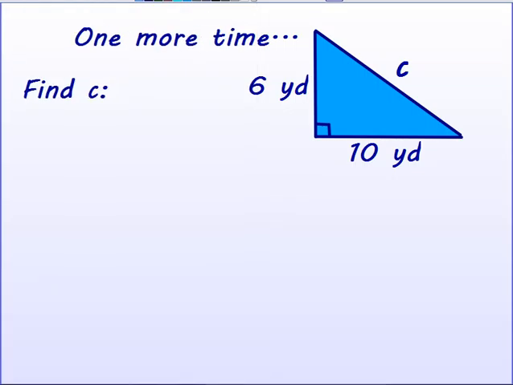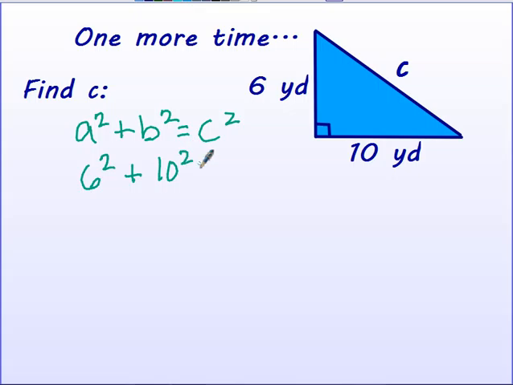One more time. This time it's my hypotenuse that's missing. So I'm going to write down my Pythagorean theorem. I know leg A is 6. I know leg B is 10. It's my hypotenuse C that's missing this time.